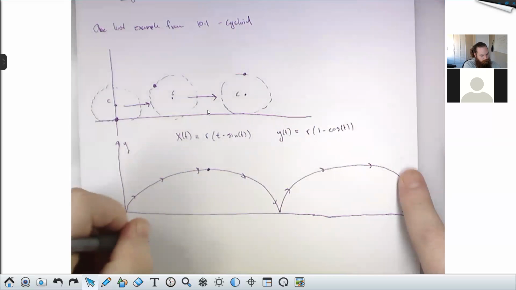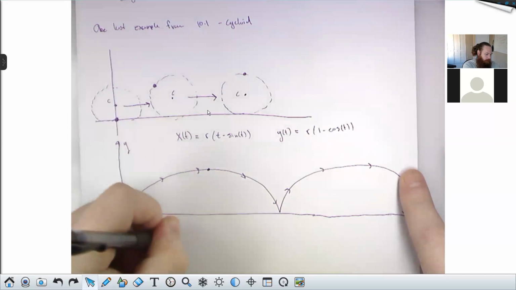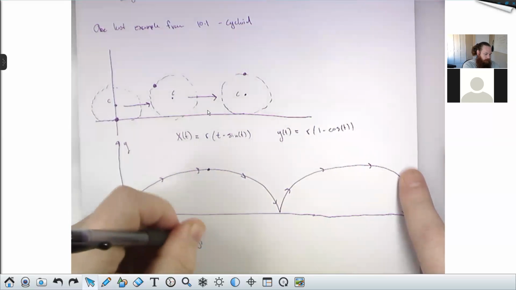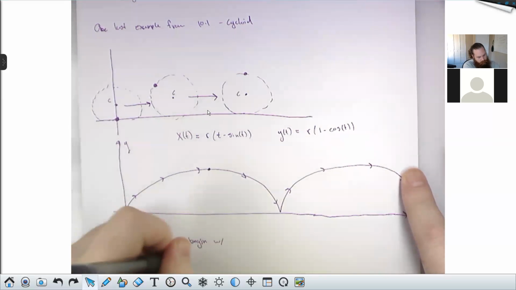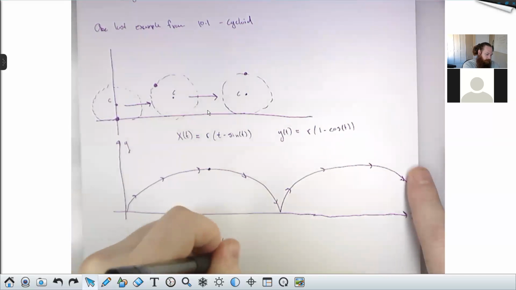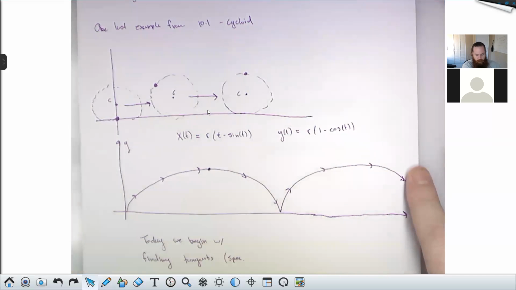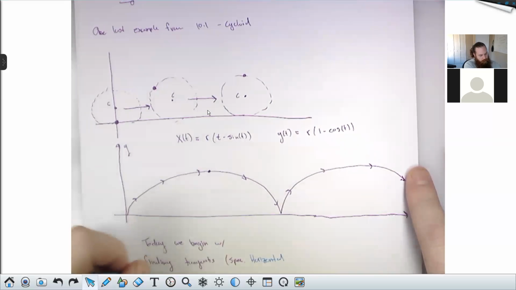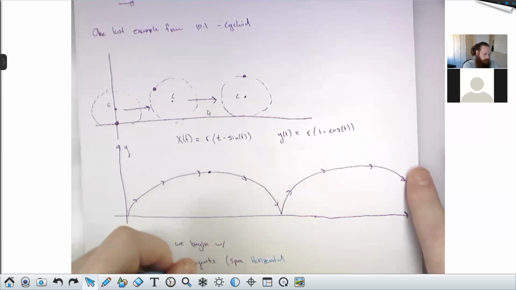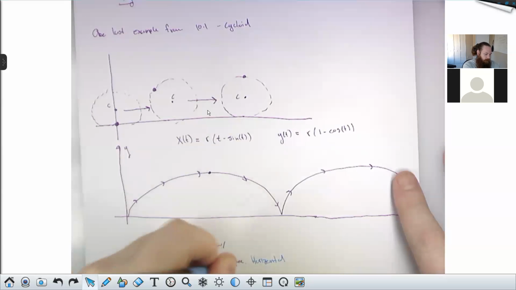So today we begin with finding tangents, specifically horizontal tangent lines and vertical tangent lines.